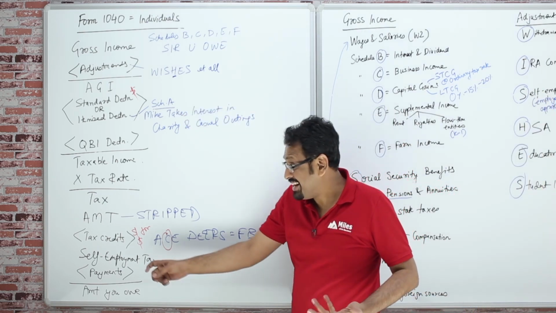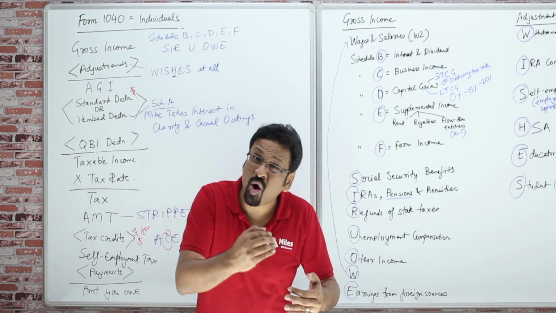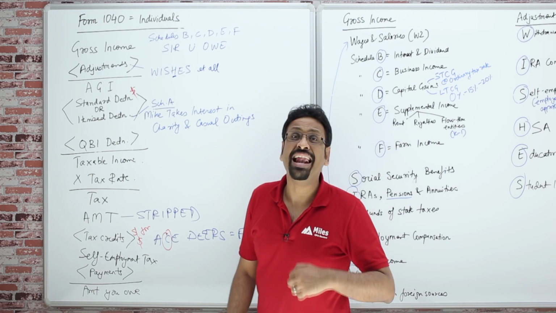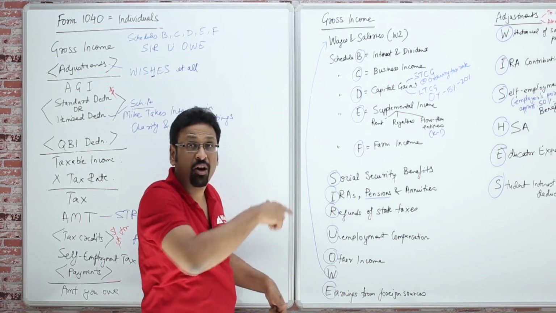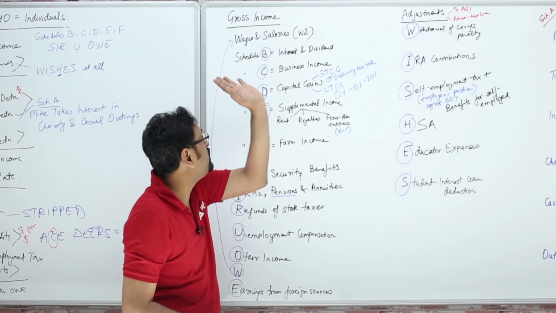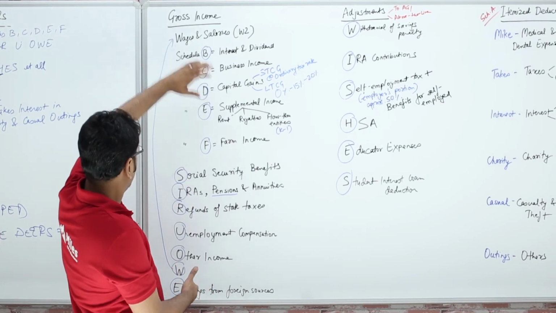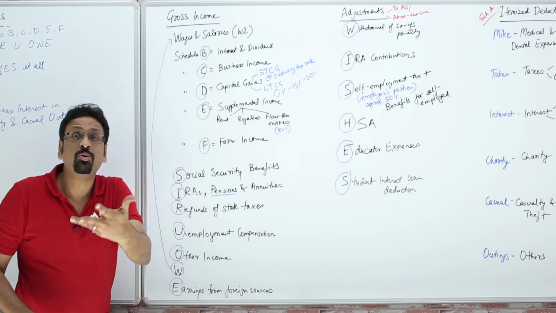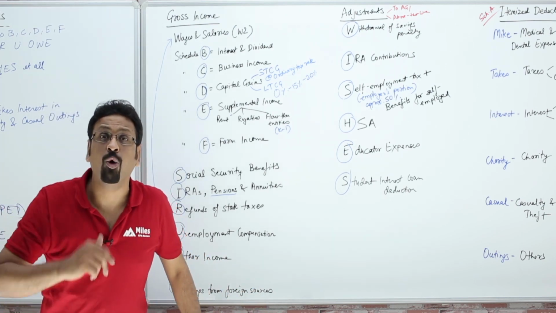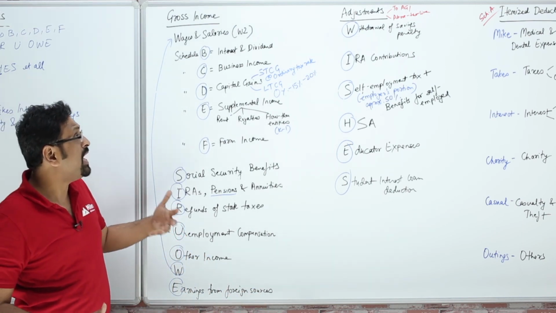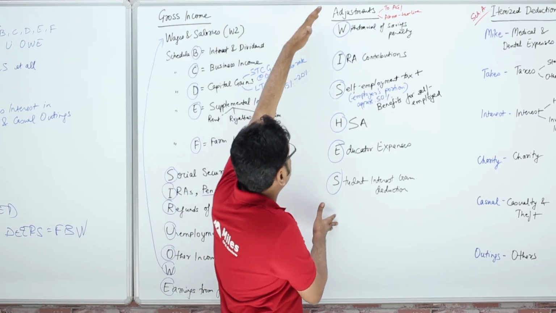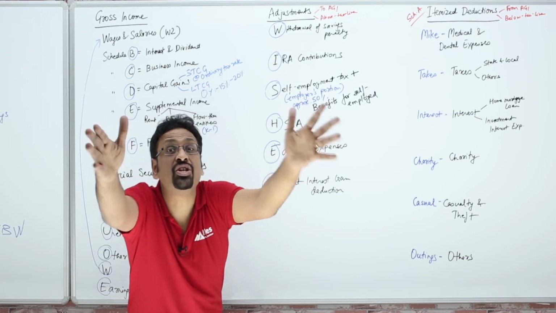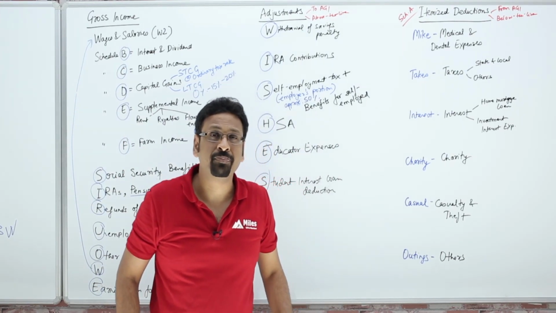To discuss tax credits in a lot of detail, one by one, with this lovely mnemonic, let's get to the other side of my board. As we go there, let's look at what we have here already. We've got gross income, all your schedules plus the mnemonic. Then we had deductions to AGI, the above-the-line adjustments.